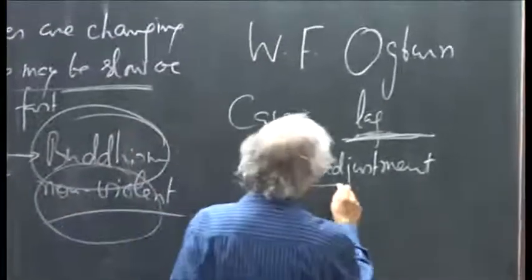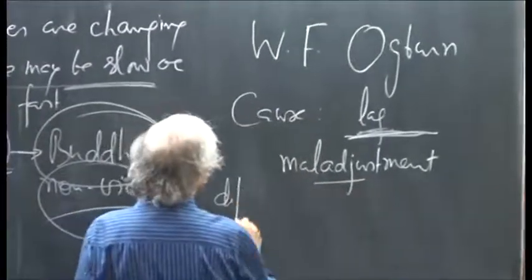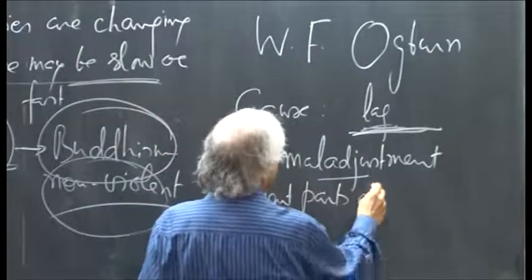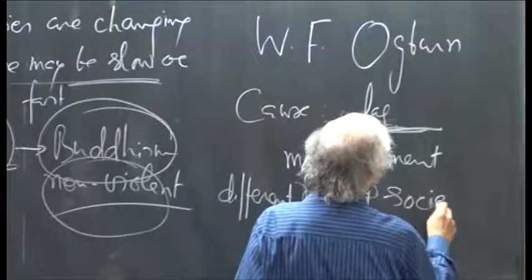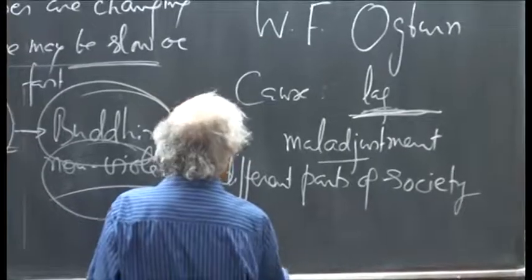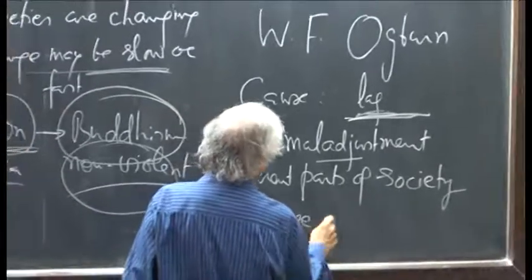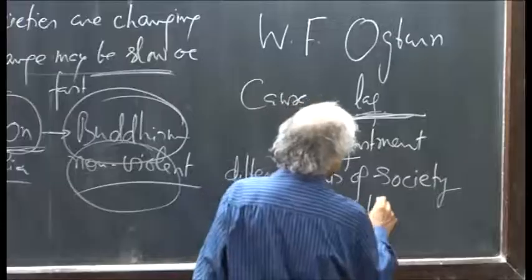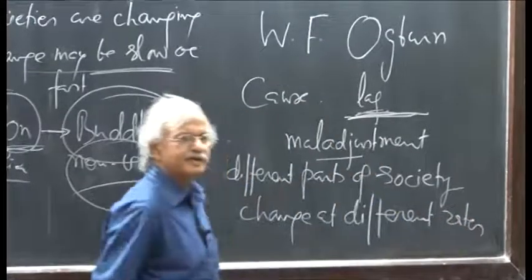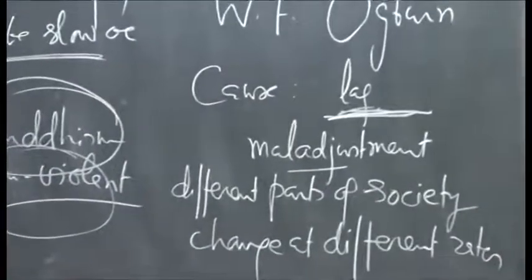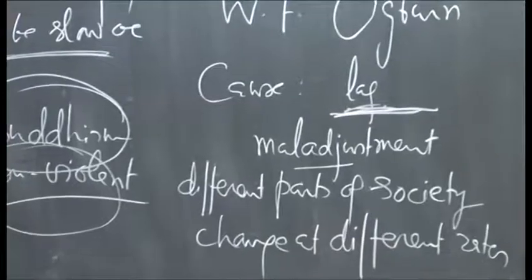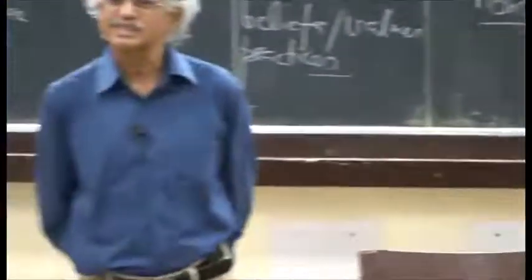Actually, in the process of change, different parts of society change at different rates. When social change occurs, or when change is constantly occurring, all parts of society are not changing at the same rate.